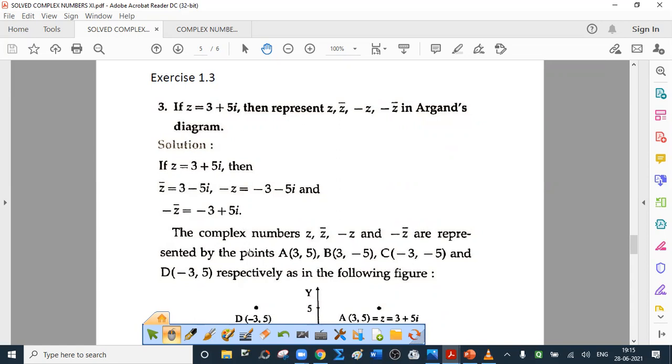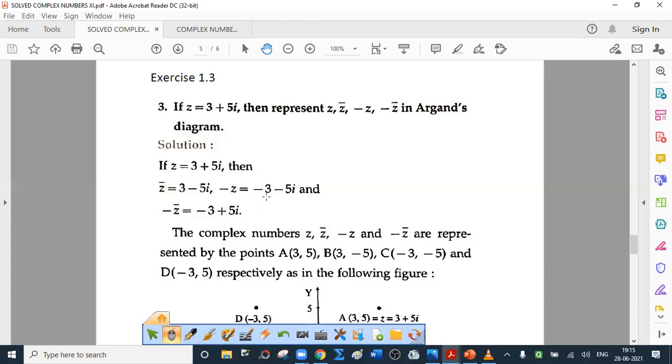Now this part is not at all difficult. z is 3 plus 5i. So it can be represented by which point? A(3, 5). You can name this point as P also. What is important is the coordinates 3, 5. What is z bar? 3 minus 5i. So this can be represented by which point? B(3, minus 5). Simple.